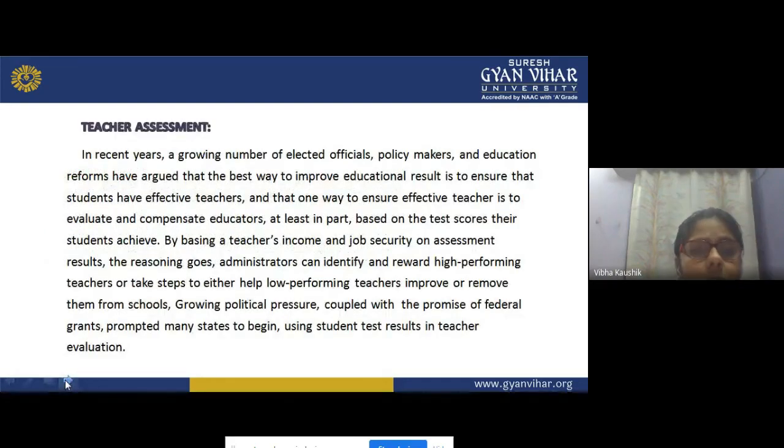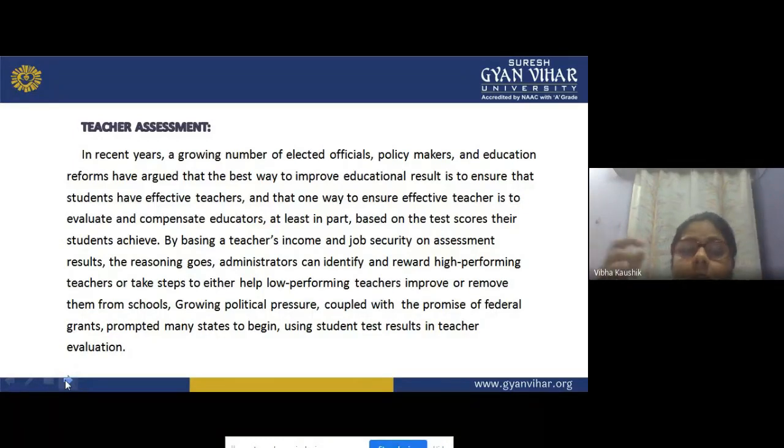Now, teacher assessment. In recent years, a growing number of elected officials, policymakers, and educational reformers, those who are making educational policies and working on the qualitative improvement of education, have argued that the best way to improve educational results of students is to ensure that students have effective teachers.